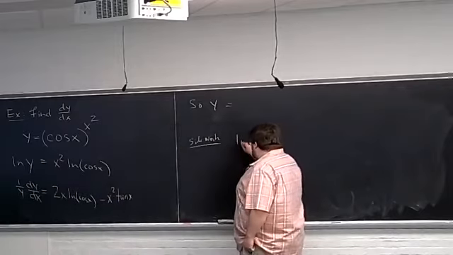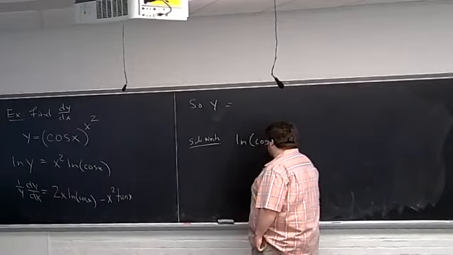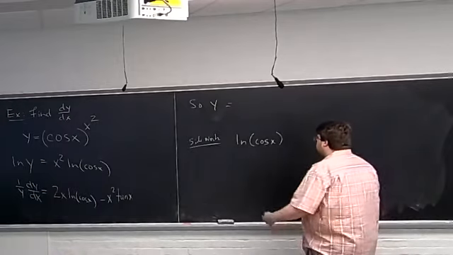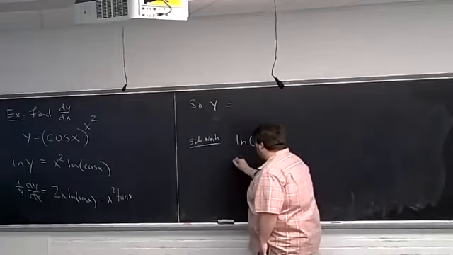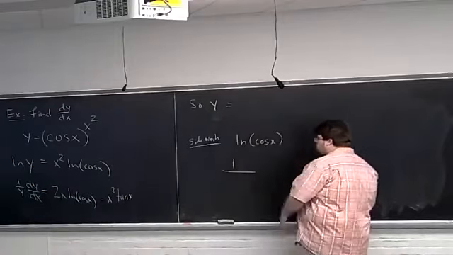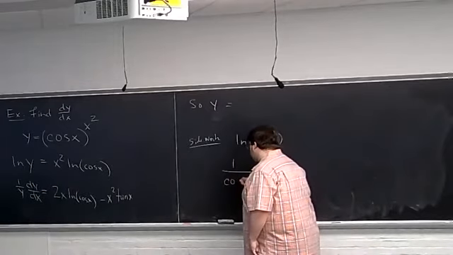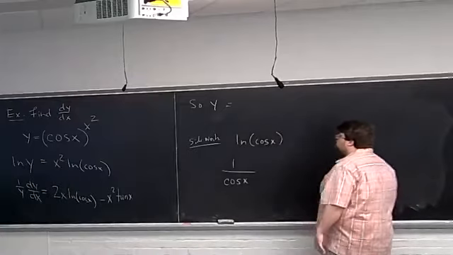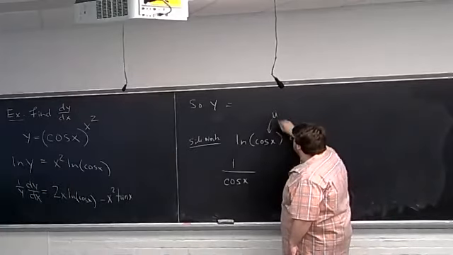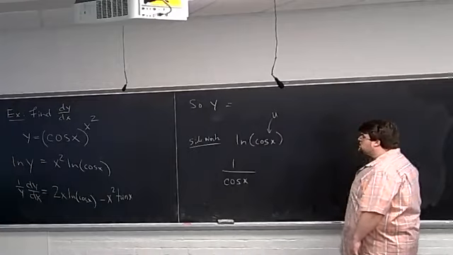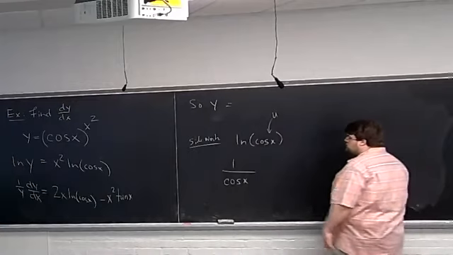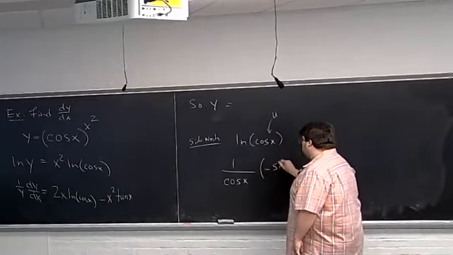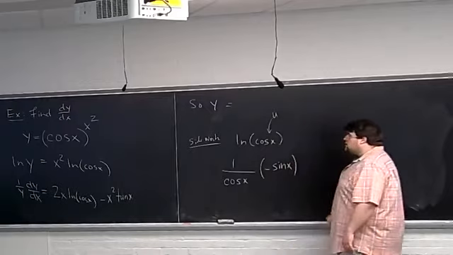Why is that? Well, we started with log of cosine x. Derivative of that, 1 divided by the inside times the derivative. So here, if you wanted to use substitution, u equals cosine. Derivative of log u is 1 over u. du dx is negative sine of x.